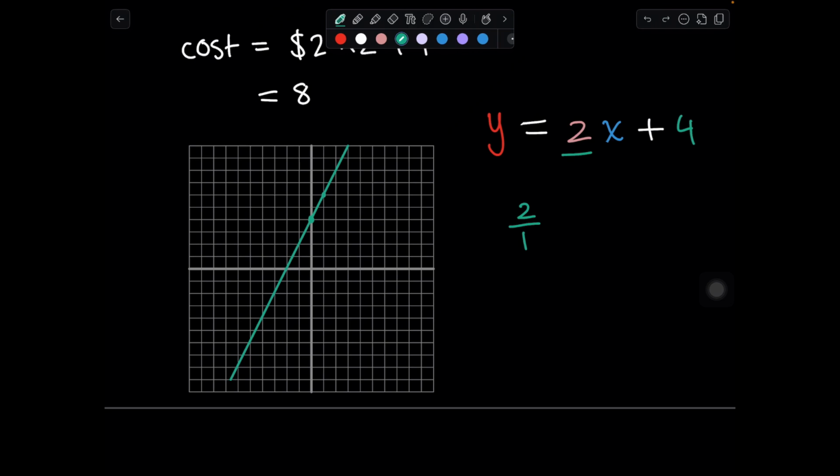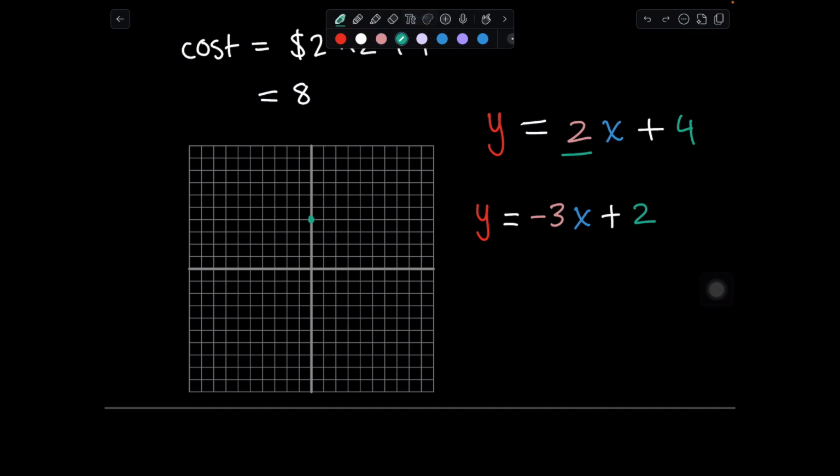Now, sometimes they might give you a negative gradient. That won't really work in this scenario because we're talking about cost, but sometimes you might come across that. So I'll do an example of that as well, so it makes a bit more sense. So imagine we had -3. And I'll just change the y-intercept as well. So in this case, what we're going to be getting is a y-intercept at 2.